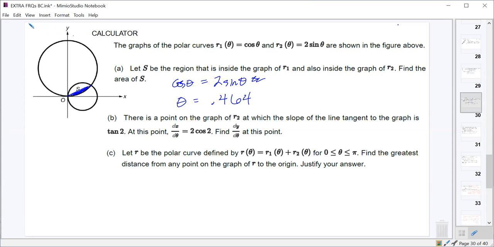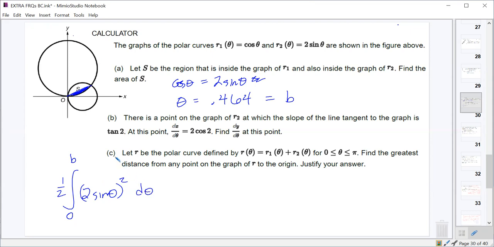So we should be able to write this as 1/2 the integral from 0, I'm going to just call this b so I don't have to keep rewriting, from 0 to b of 2 sine theta squared, right? 1/2 r squared d theta.